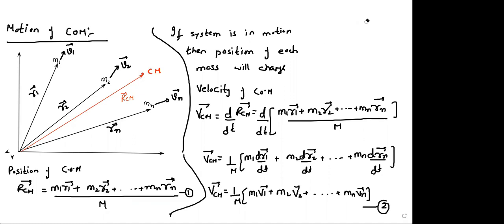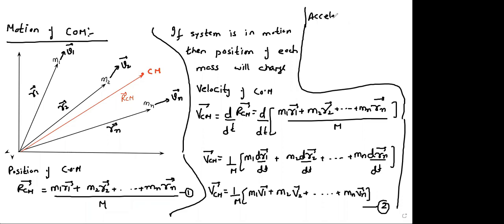Just like velocity of center of mass, how would you calculate the acceleration of center of mass? I will differentiate VCM again. Yes. So the acceleration of center of mass is rate of change of velocity, dvcm over dt.